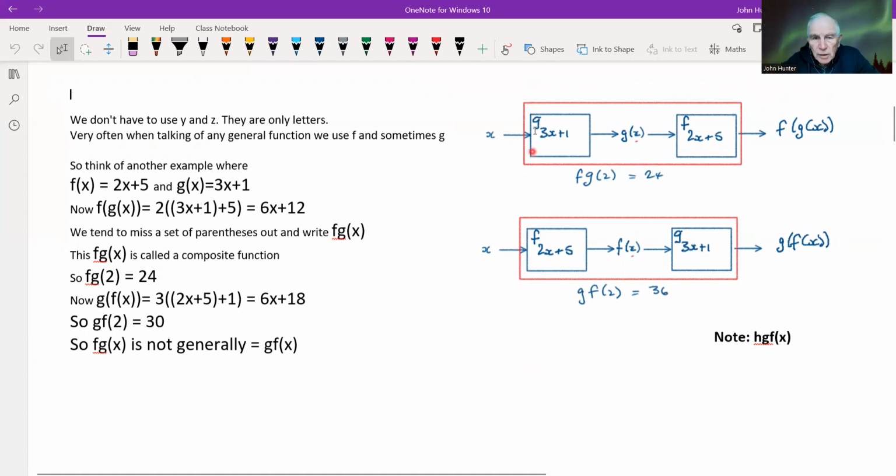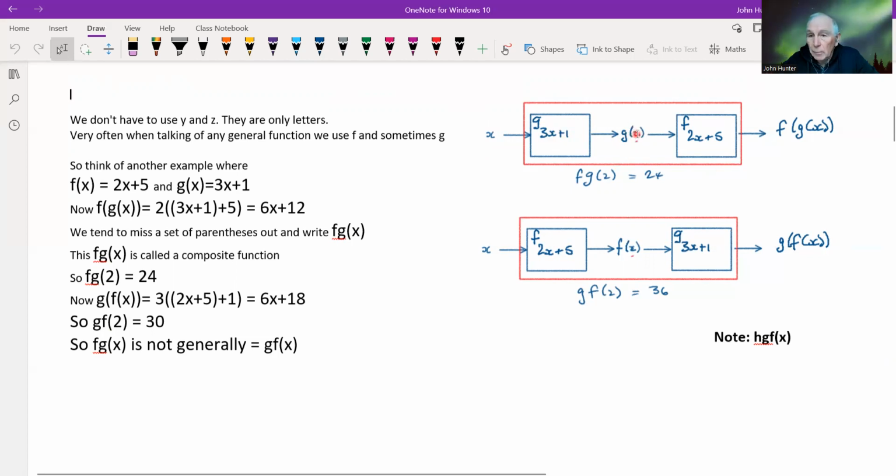So let's have a look at an example of where we're forming the composite. Say we've got a function g of x, which is 3x plus 1, and f of x, which is 2x plus 5. That means if we put a value, let's say x at this stage, into this function, we get something out that we can call g of x.